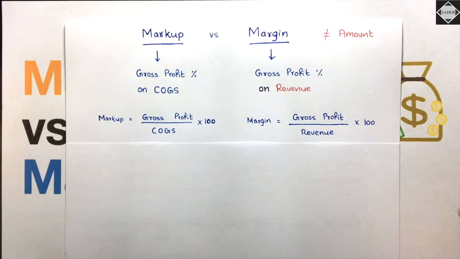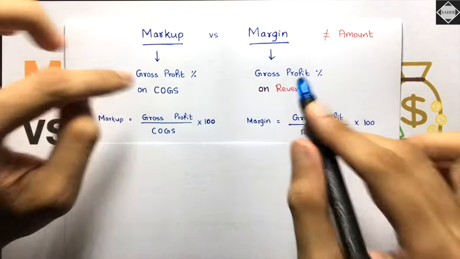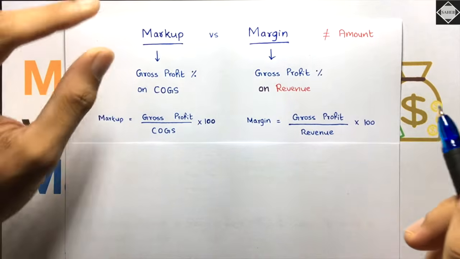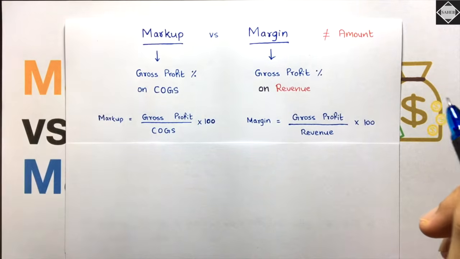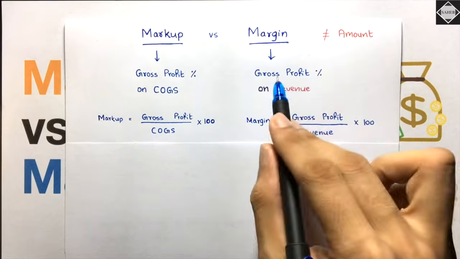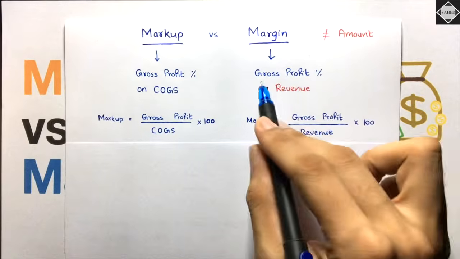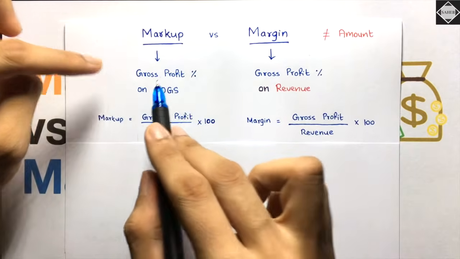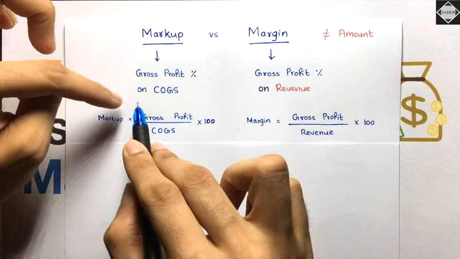Now, why is it called differently if both of these are profit percentages? What is the difference? The difference is that markup's friend is cost of goods sold and margin's friend is revenue. In the case of margin, the profit percentage is on revenue, and in markup's case, the gross profit percentage is on cost of goods sold.